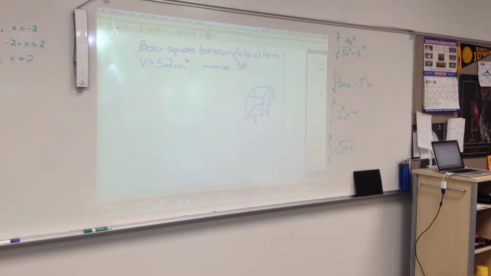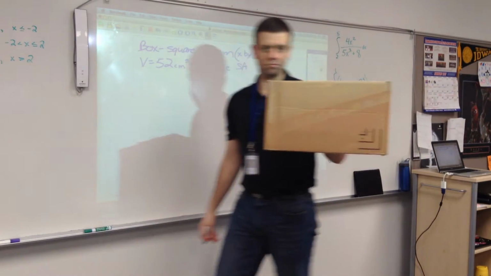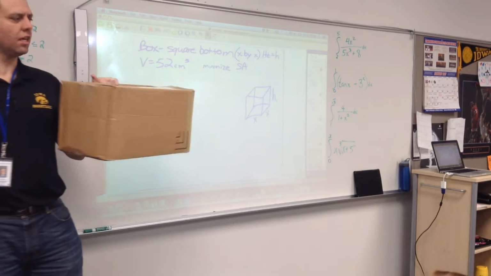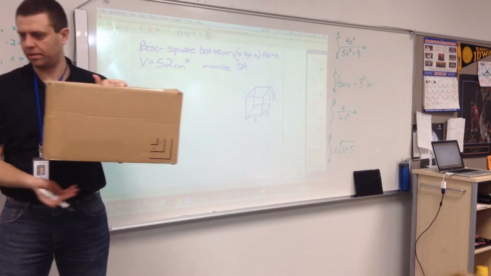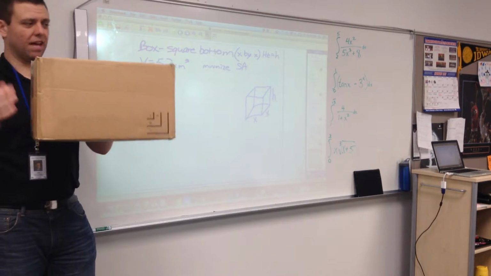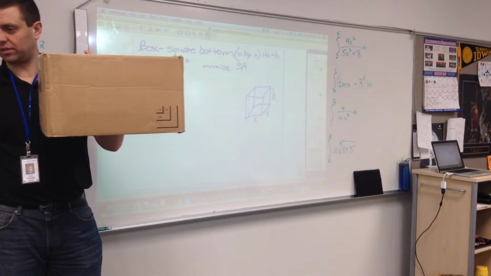How do you find the surface area of a box? How many surfaces does a box have? So, 6, right? Because I'm assuming it has a top to it. So we got the bottom, the top, the left, the right, the front, the back. 6 surfaces.